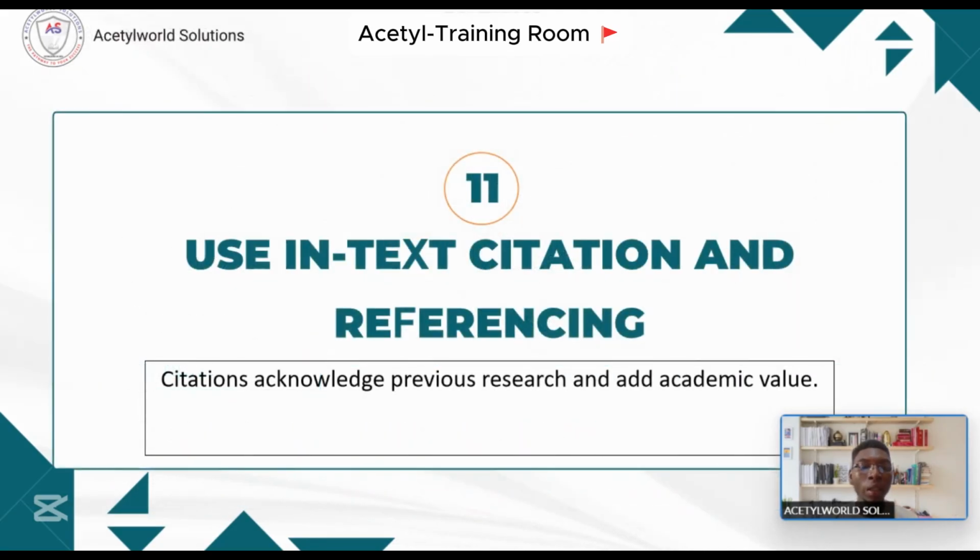Another thing that is very crucial in academic writing is use of in-text citation and referencing. Citation is acknowledging previous research and adds academic value. For most of us, we all know that what you are writing is not as if you are pouring down something that does not exist.